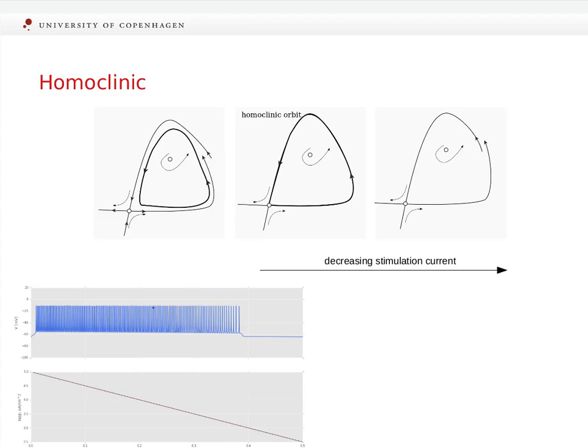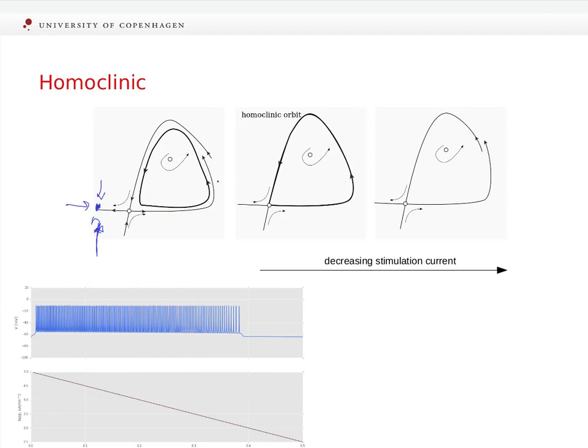Now, if we were losing stability via the saddle node off invariant circle bifurcation, we had a coexisting spiking and resting state. So somewhere here was a stable node, and we had a limit cycle attractor here.